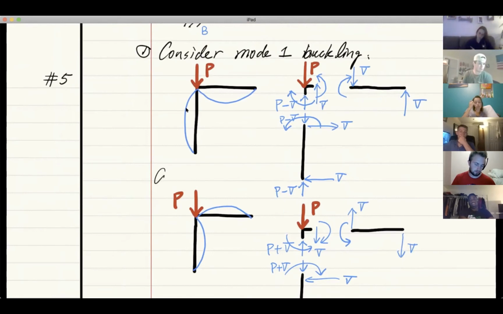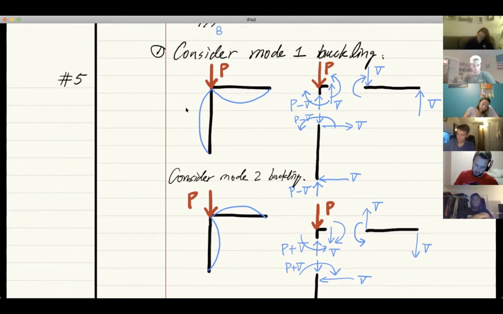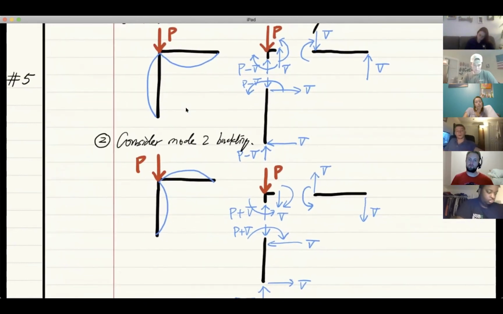We should say, consider mode 2 buckling. So the first one is mode 1, the second one is mode 2. This should be step 2. Here, this is mode 1, and the other one is mode 2.